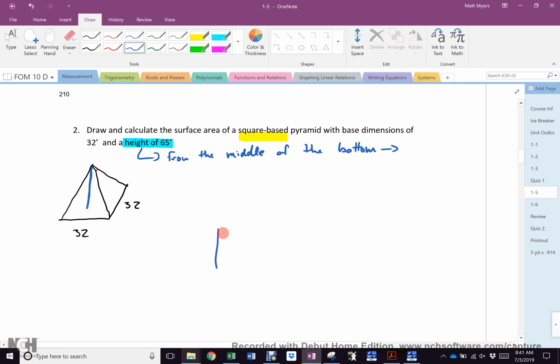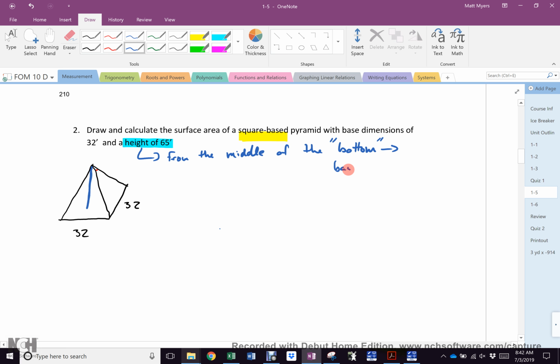What if I gave you a pyramid that looked like this? Where would you do the height for that one? Straight to the right. So, talk to me about where you measure the height from. It's from the middle of the bottom. But it's not the bottom, is it? What do we call that shape that starts a pyramid or a prism?